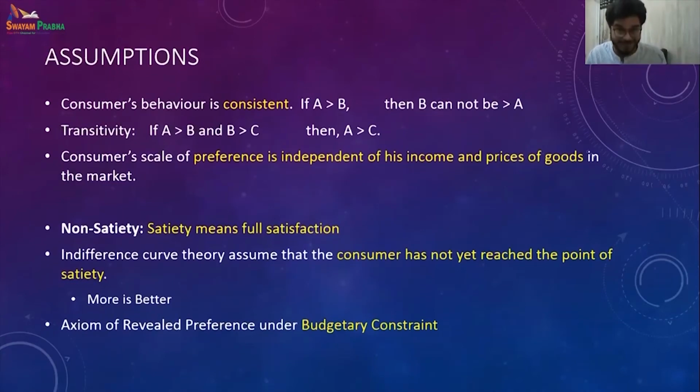So the preference does not depend upon the income I have or the price. Even if it is 5 rupees, even if it is 10 rupees, if I like Rasgulla, I like Rasgulla. Now, when we bring in the income and price concept, then we'll try to understand how many I will buy or can afford, right? So here we are talking about only preference, that I like this, I prefer to have this.